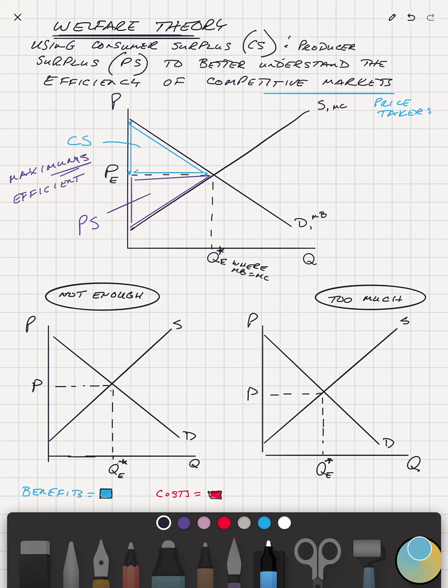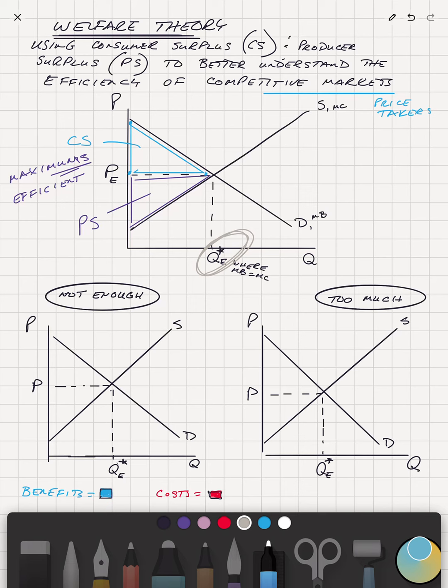Remember, if marginal benefit is greater than marginal cost, do more. If marginal benefit is less than marginal cost, do less. And we can see that in the two models below. This top model is explaining this very important notion of optimal or efficient level of output, in this case Q.